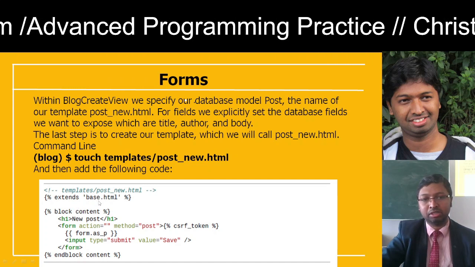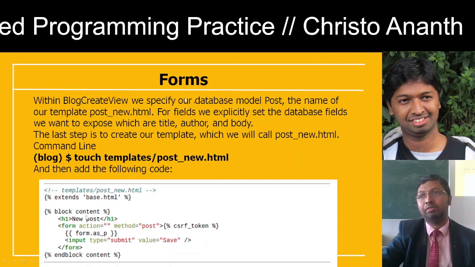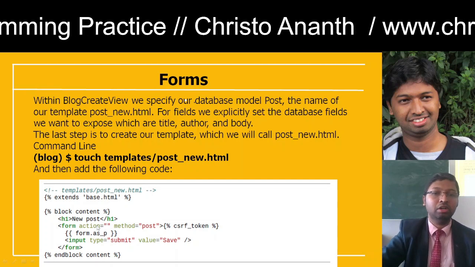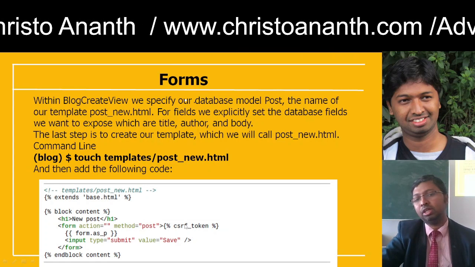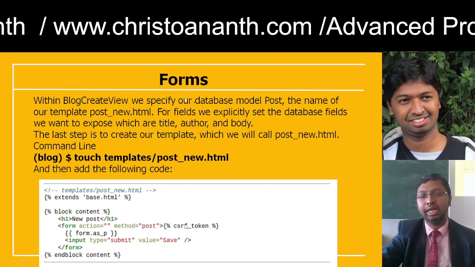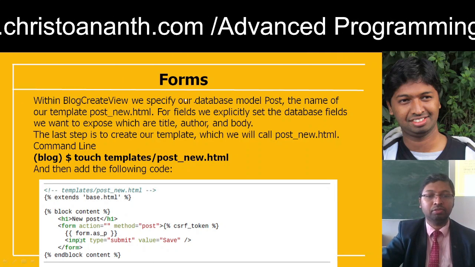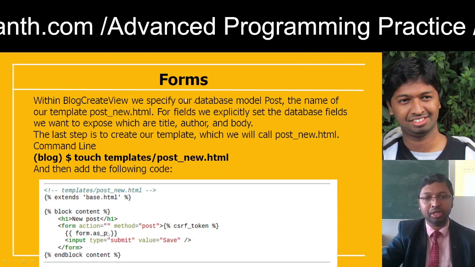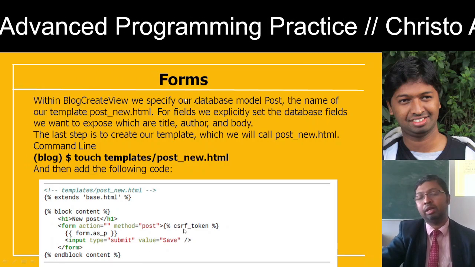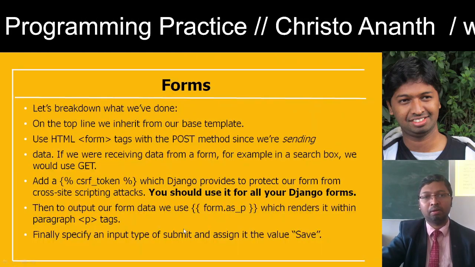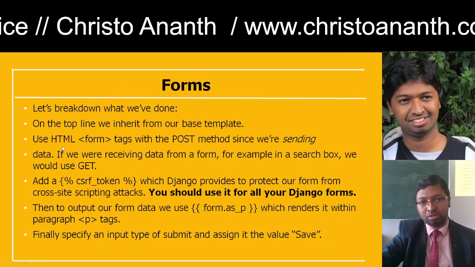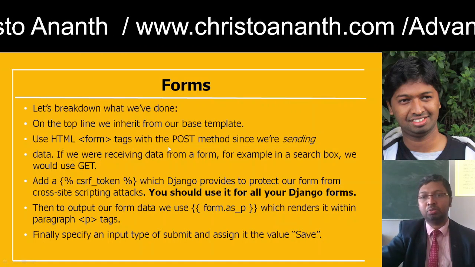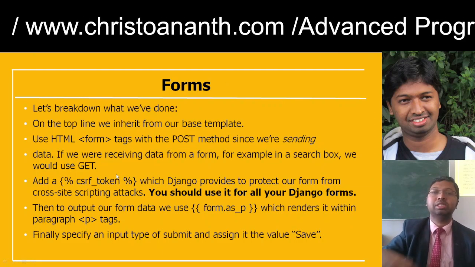You extend base.html. Then in the block content, you'll have the HTML tag, New post. The form action is nothing but the post method you are going to have. CSRF token, once again, is going to prevent XSS attacks. Then form.as_p, then you close the form and end block content. So you have used the HTML form with the post method, since we are actually sending the data.